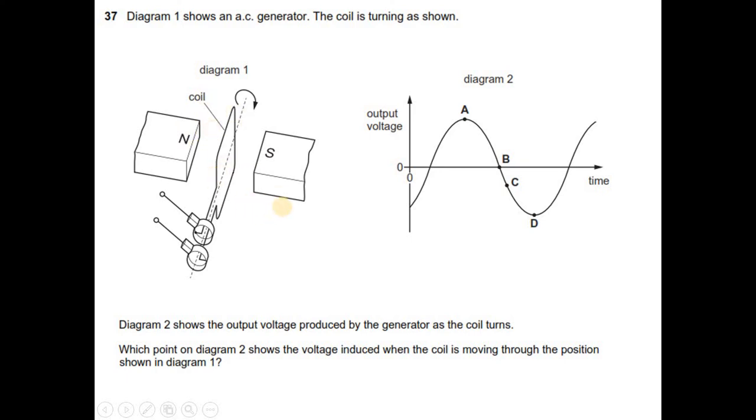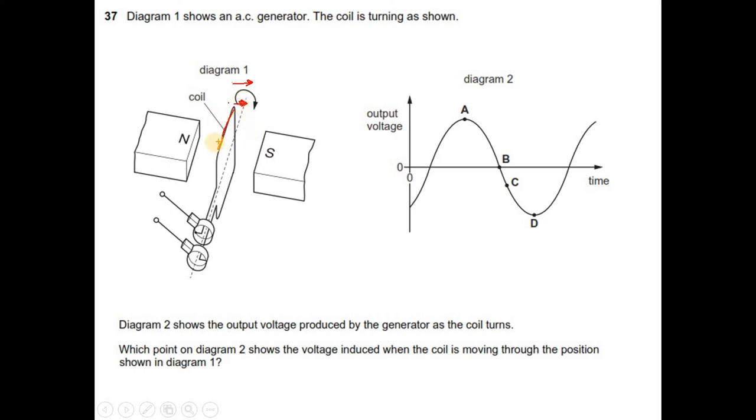Remember, if you see what is happening at that moment, the plane is perpendicular to the magnetic field, and as the coil is rotating, it will be moving something like this. So it will be rotating, but at that moment the coil will be moving horizontally.